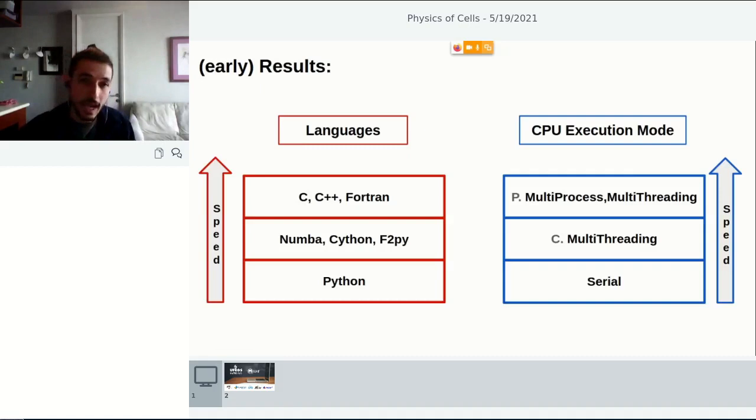What is Cython? Cython and F2py are two similar things where you write an external module, so a C external module or a Fortran external module, and then you compile it using this NumPy library that allows you to do this.